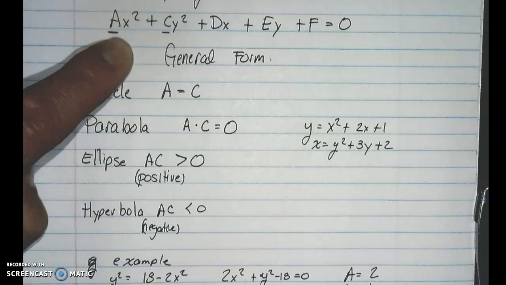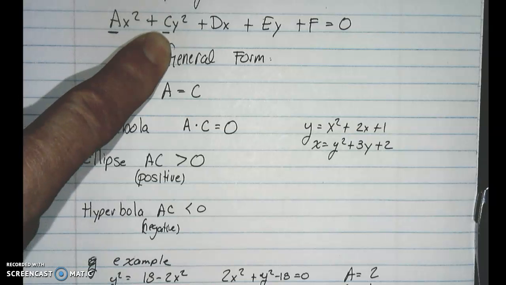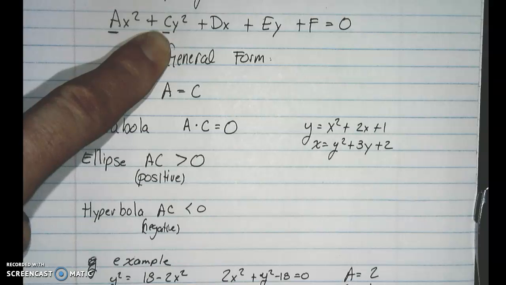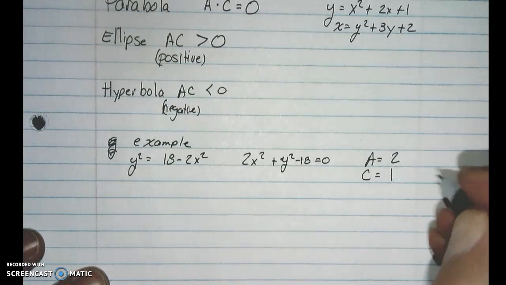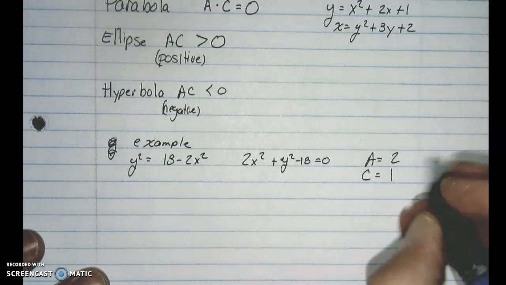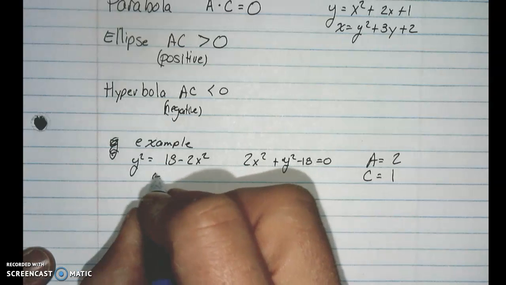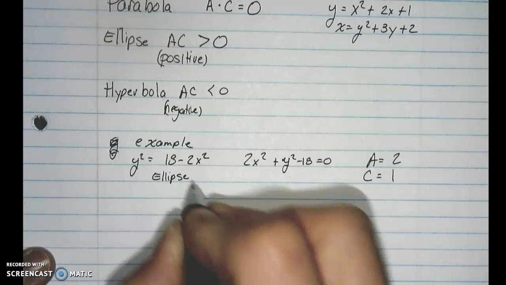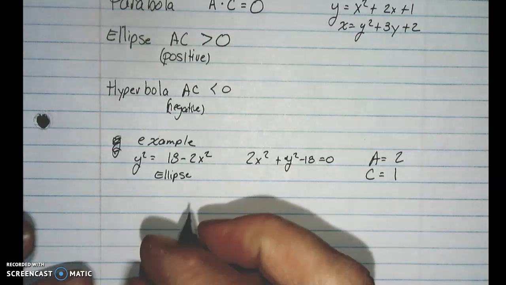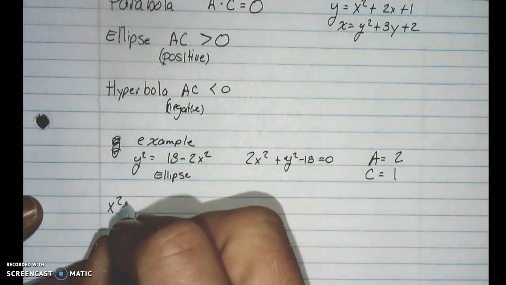The y squared is 1, so that means that the C is 1. So then 2 times 1 is 2. Is that bigger than 0? So therefore this is an ellipse.